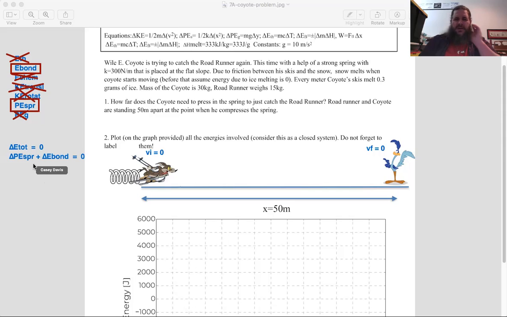And what formulas could we use here? What's our usual formula for delta spring potential energy, for instance?